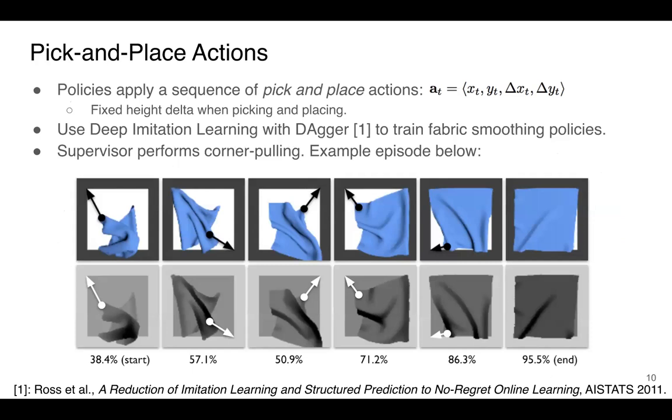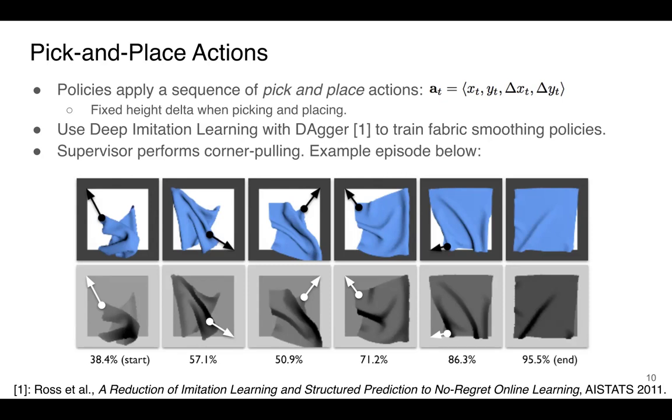Each action consists of a two-dimensional coordinate for the picking point, followed by a pull vector for the placing point. We'll use a fixed height delta when we're picking and placing. That just means we pick at a point, lift by a certain amount, drag it across the plane parallel at that height, and then release.